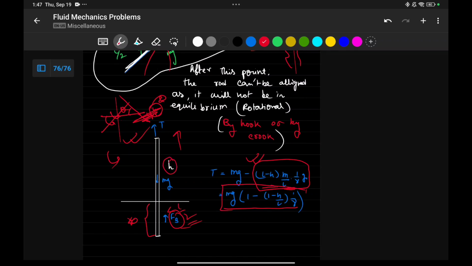After h equal to L, the buoyant force will not work anymore because everything is above the water level. So this will work only up to a level h equal to L. After that, T is equal to only mg because it will be hanging, and there is nothing here. So T is equal to mg.